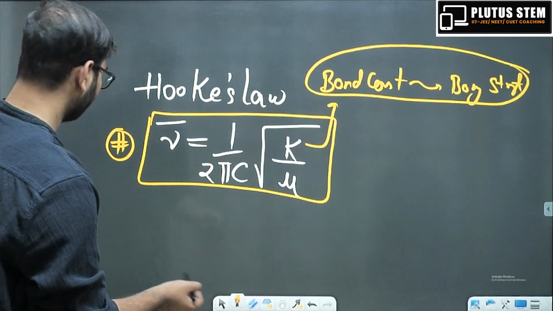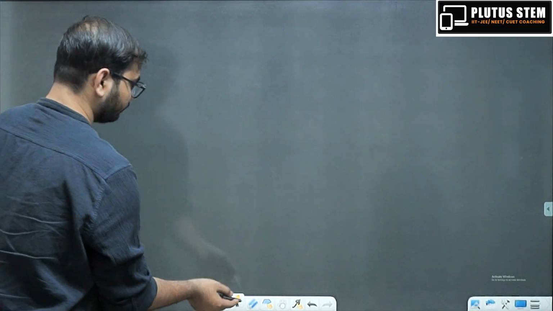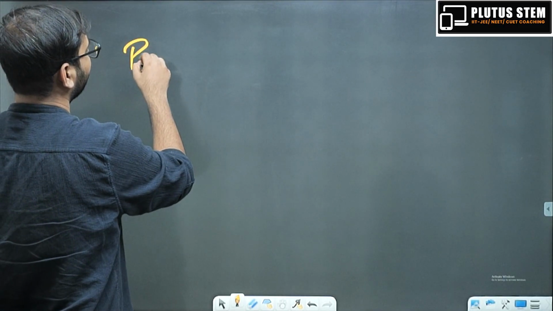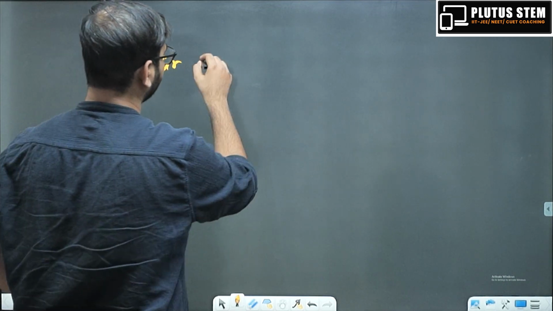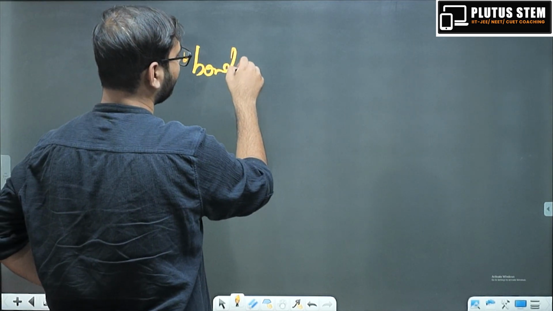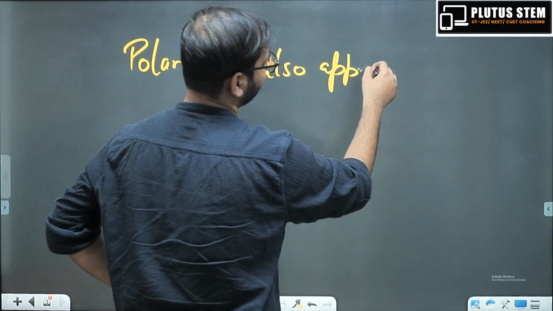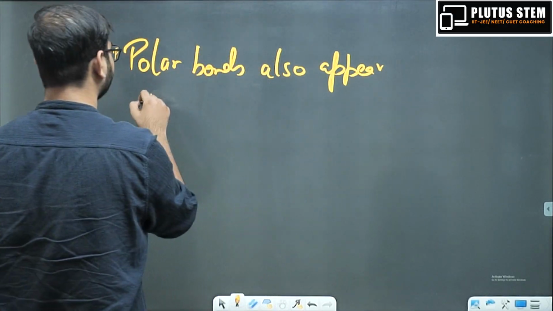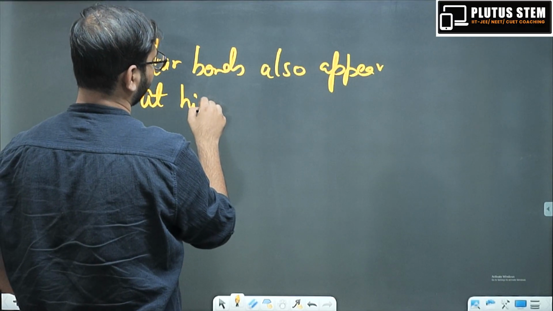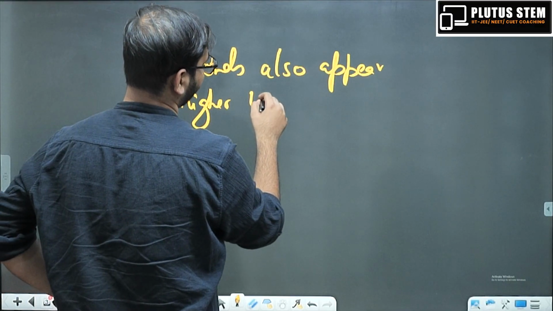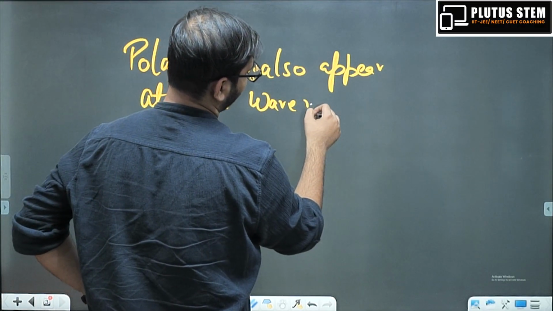Now, before you go for that, you also need to remember that polar bonds also appear at higher wave number.